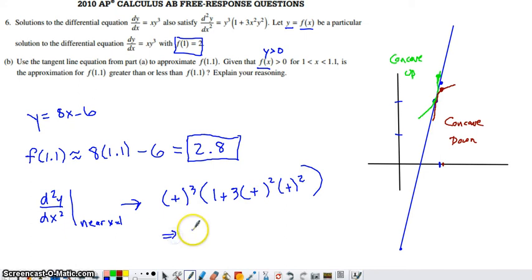This work here implies that our function is going to be concave up because of the positive second derivative, and if our function's concave up, the graph of f of x has to sit above the tangent line, and therefore our approximation for f of 1.1, this blue point, is going to be less than f of 1.1.